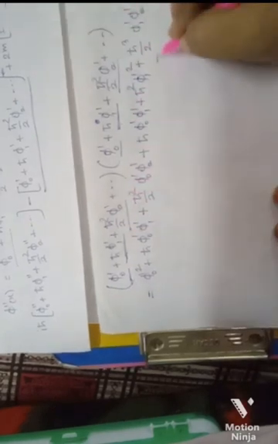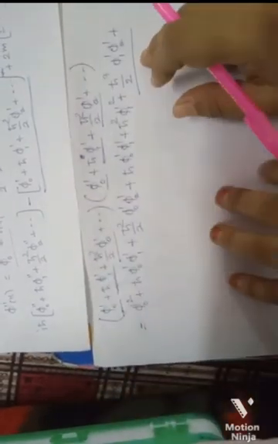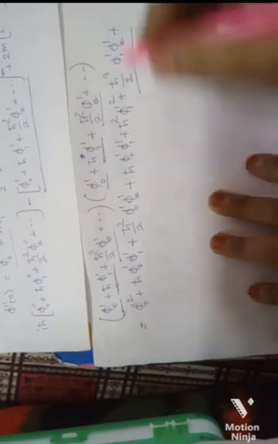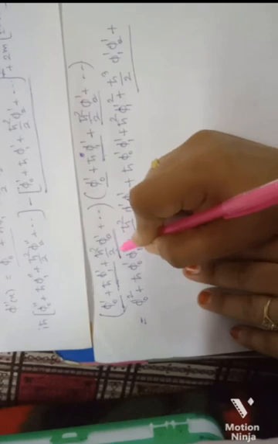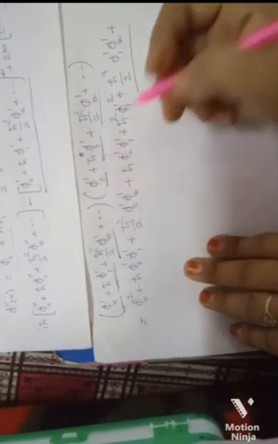Actually this term we have to neglect because we are solving only up to h cross square power. So this term no need to take, but we are solving it, that's why I am writing it here. Now the third term: h cross square by 2 phi 2 prime into phi naught prime.